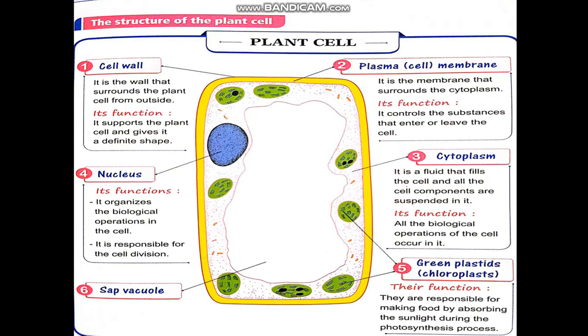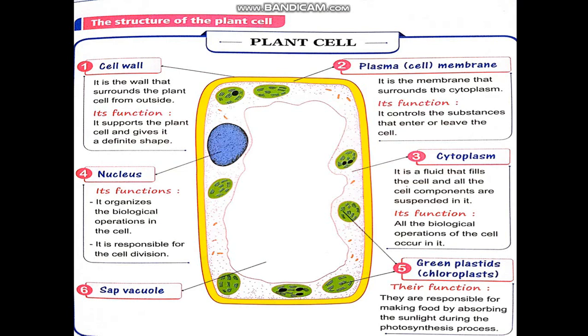Number 4, the nucleus. The nucleus is like the brain of the cell. Again, the nucleus is what? Like the brain of the cell. It organizes the biological operations in the cell and is responsible for cell division. What is the meaning of cell division?